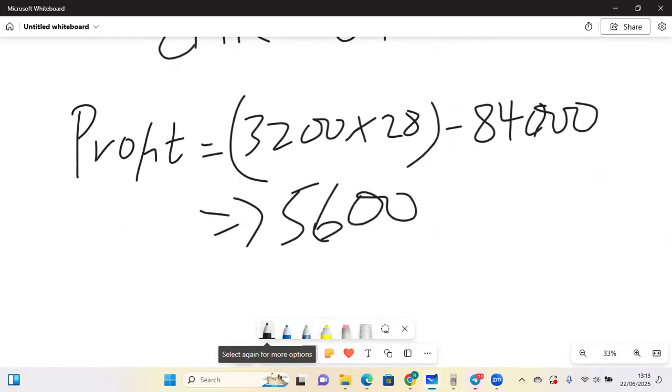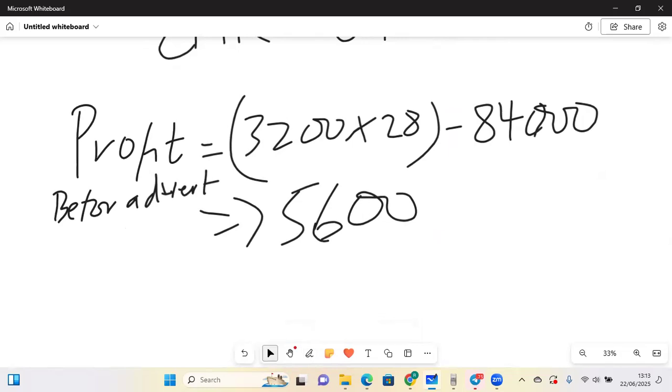Now, this is the profit before advertisement. So before advertisement, we are getting 5,600. Now let's see the profit after advertisement.